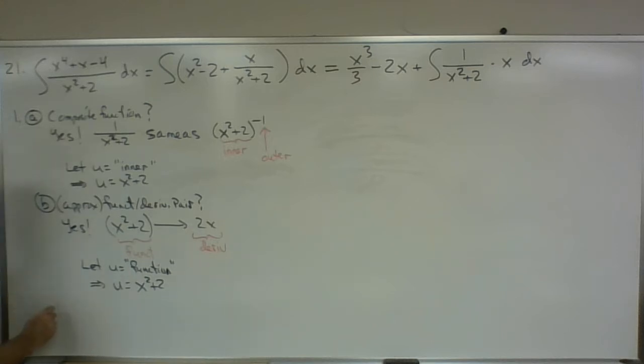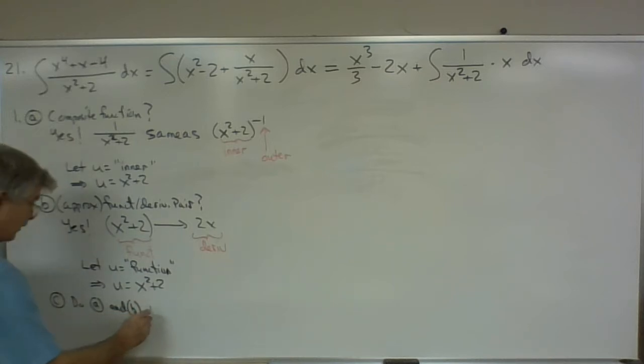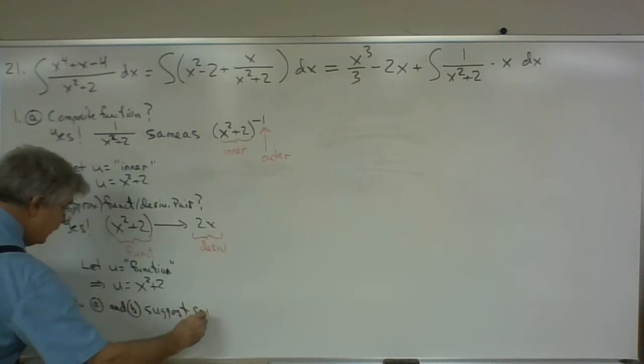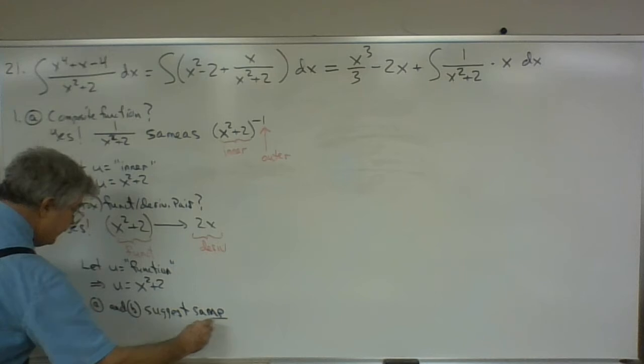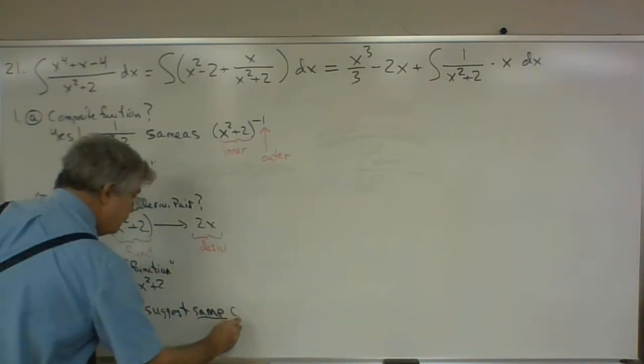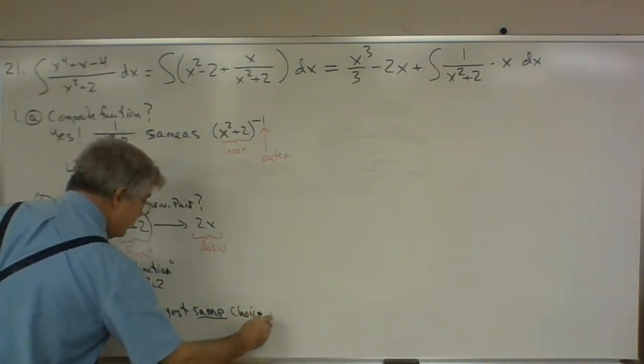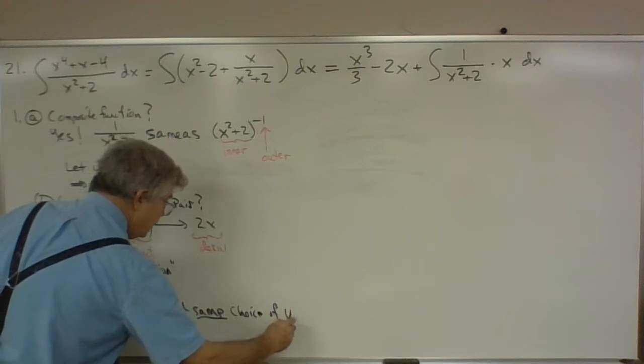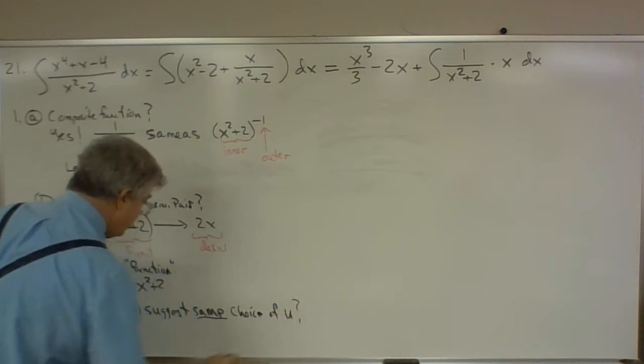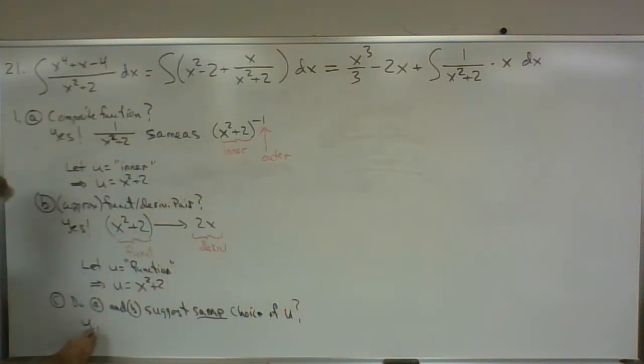And then criterion C just says, do A and B suggest the same choice of u? And the answer is yes.